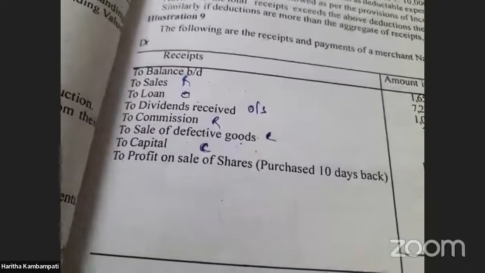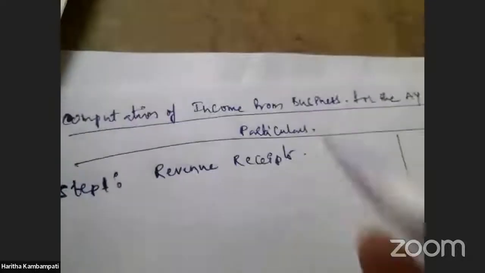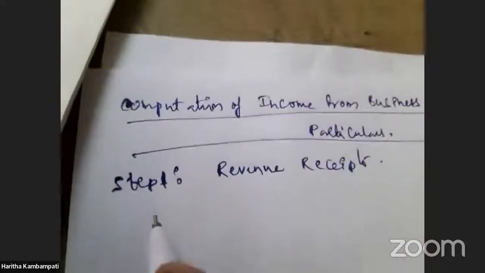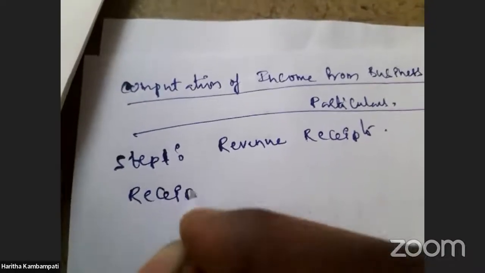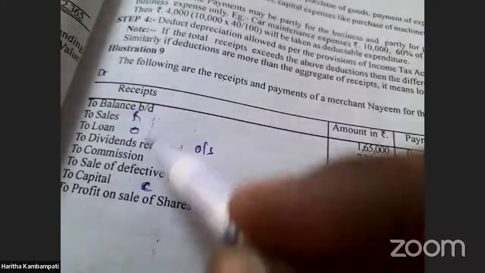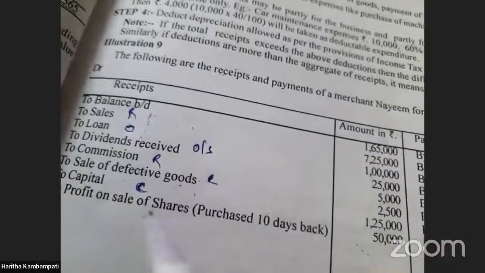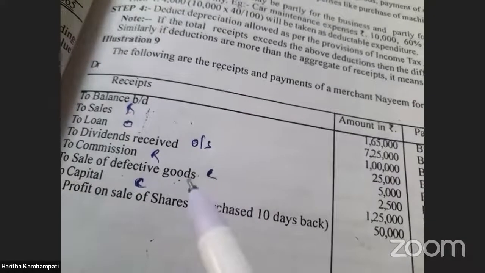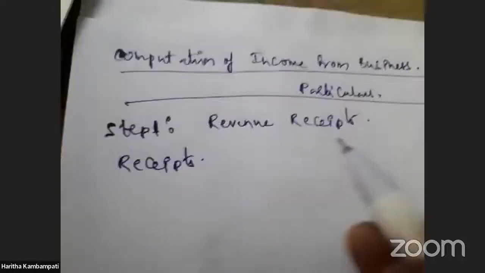So let us start this first step. Revenue receipts. As I recognized, I'm writing all the revenue receipts. Sales are there, commission is there, sale of defective goods is also there. So we are going to write these three items.